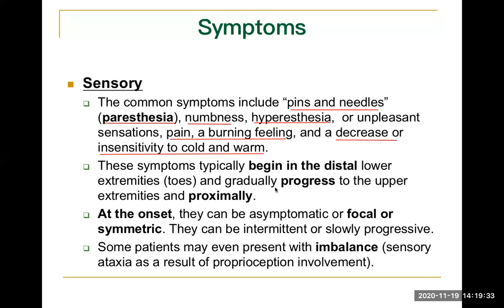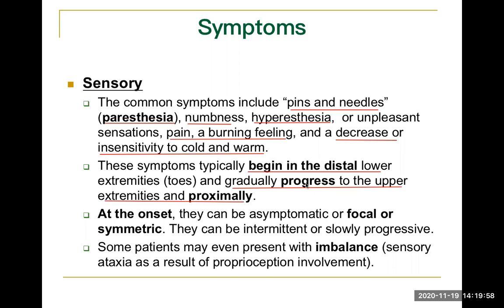One very important point in the history taking is where it started. They usually start in the distal part of the limbs, both in the lower extremity and the upper extremity, and they can gradually progress to the upper part of the limbs.